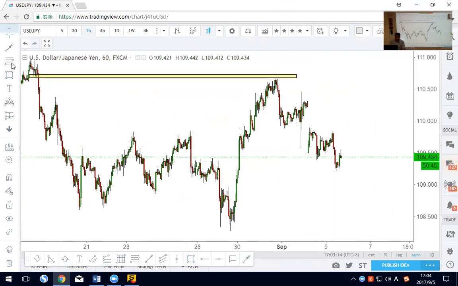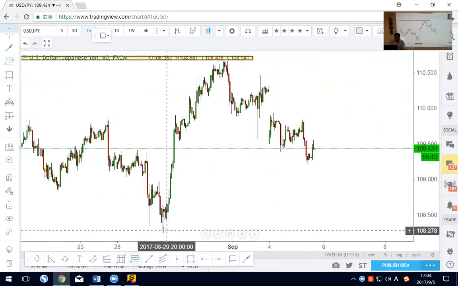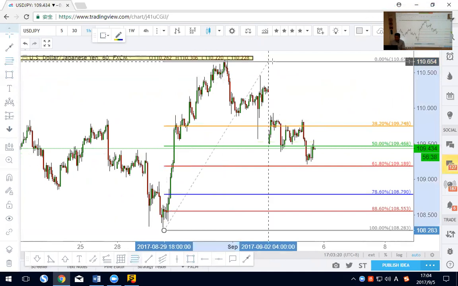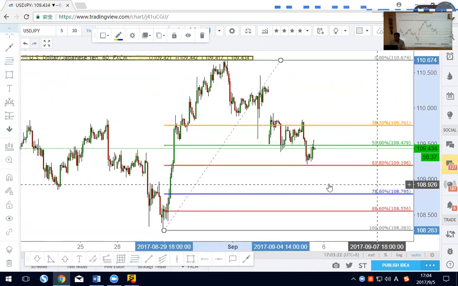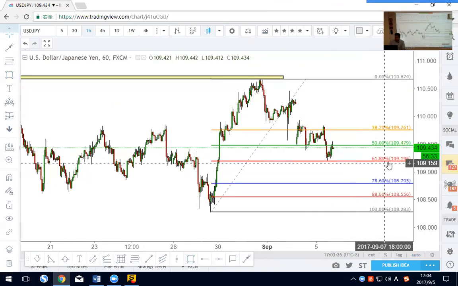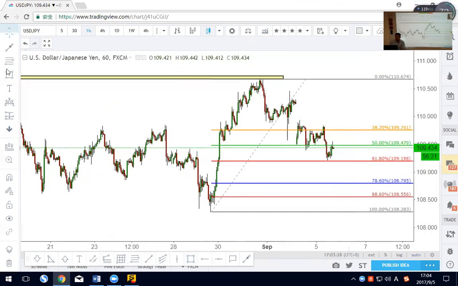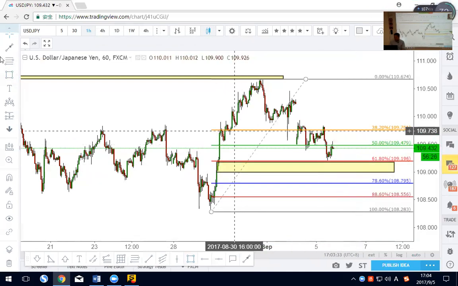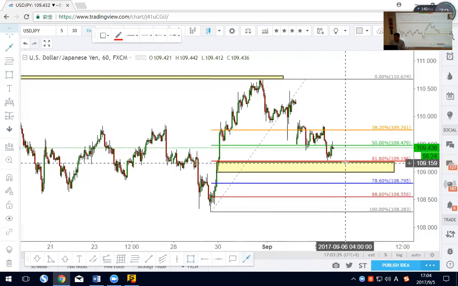Because dollar yen right now is going to test the 618 level. The 618 will be about here. I think it seems already touched. So if 109.19 holds, this is a level you need to pay attention to. You may have a buying opportunity for dollar yen this week.